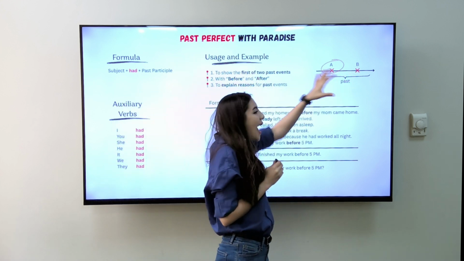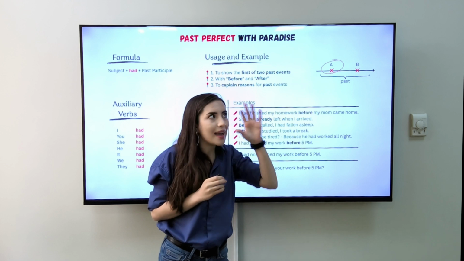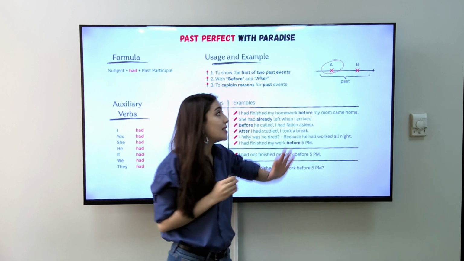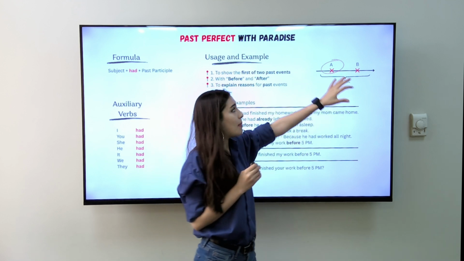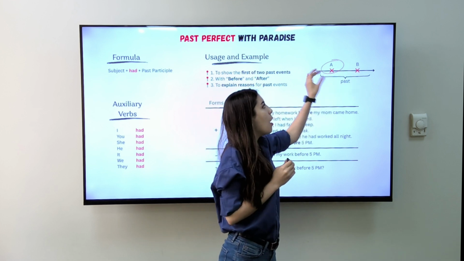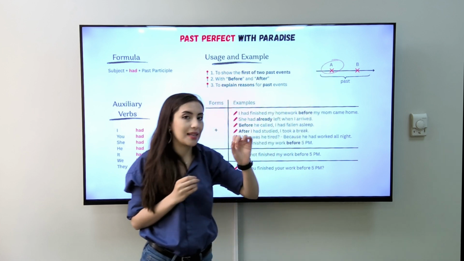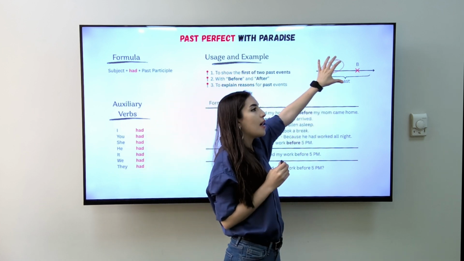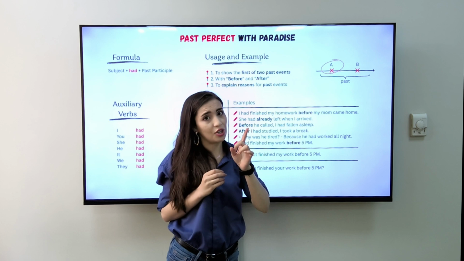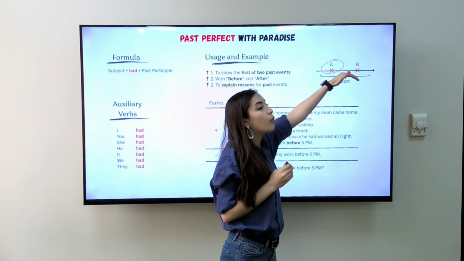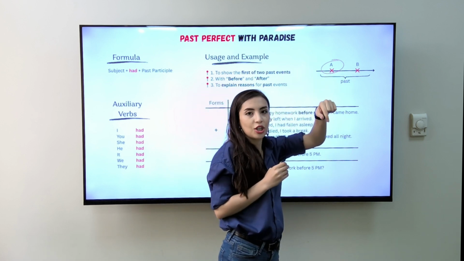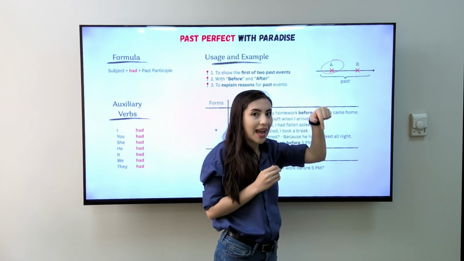So the actions, as many actions as we can imagine, are happening in the past. But imagine two actions happening in the past, one of them happening as the first action, the other one as the following action, or the second action.